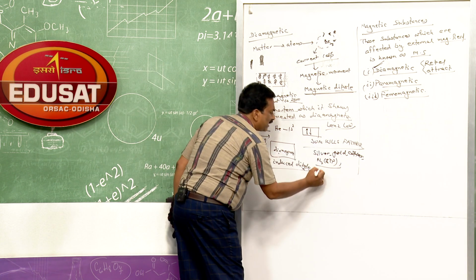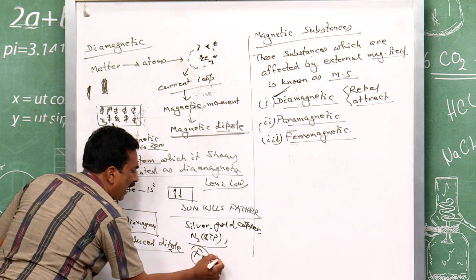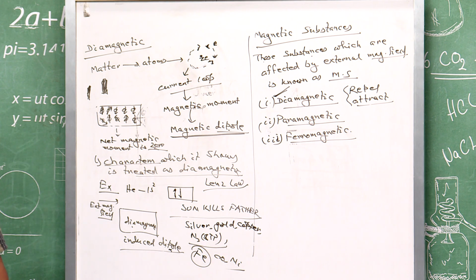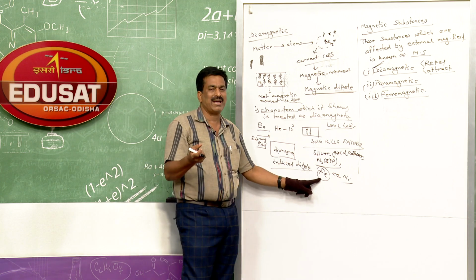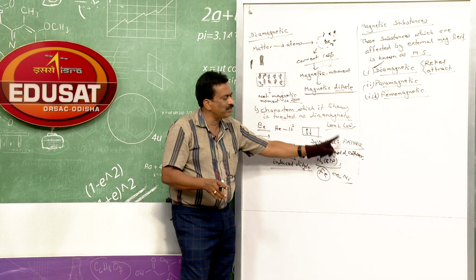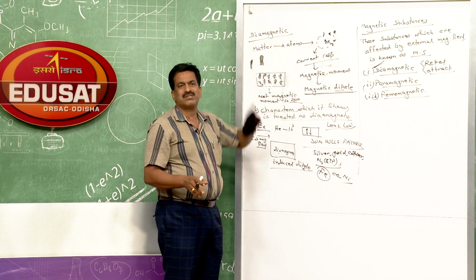But if you take iron or cobalt or nickel, you observe they are attracted towards it. What type of character it shows, we will discuss now. So these are the examples of diamagnetic substances.